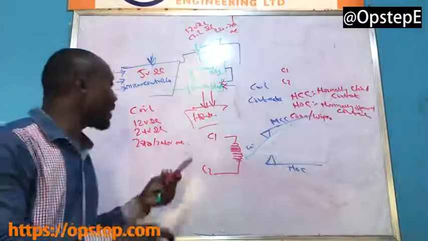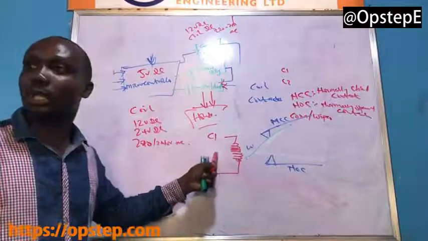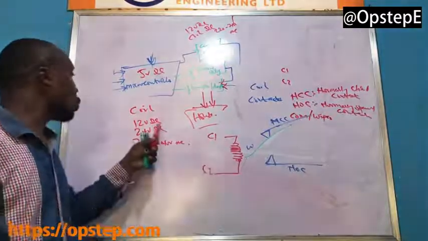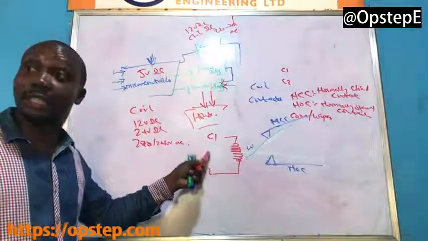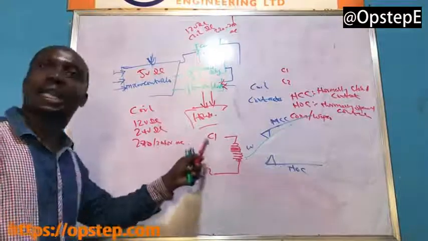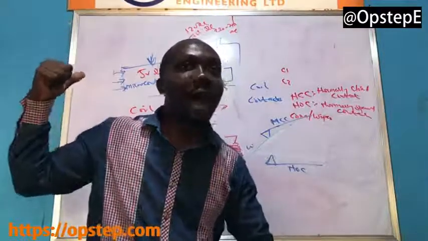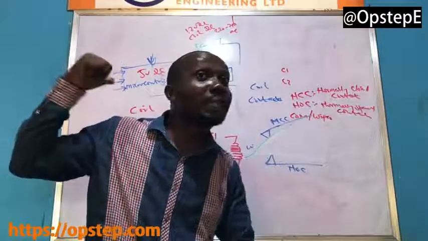Now, if they tell you that it's an AC coil, it means it is 220 volts that you can use to do what? Energize this coil. If they tell you that it is 24 volt DC, it's 24 volt DC that can energize this coil. And if they tell you it is 12 volt, it means it is 12 volt that can energize this coil. Because from my power supply, I'm not going to have more than 12 volt DC there.